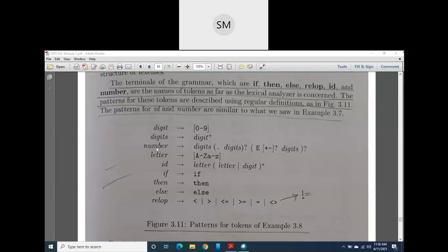After defining number, you could define digits and digit, but for the safer side, first I am defining all the non-terminals here, then I am going to define the main token. Clear? Next comes identifier.